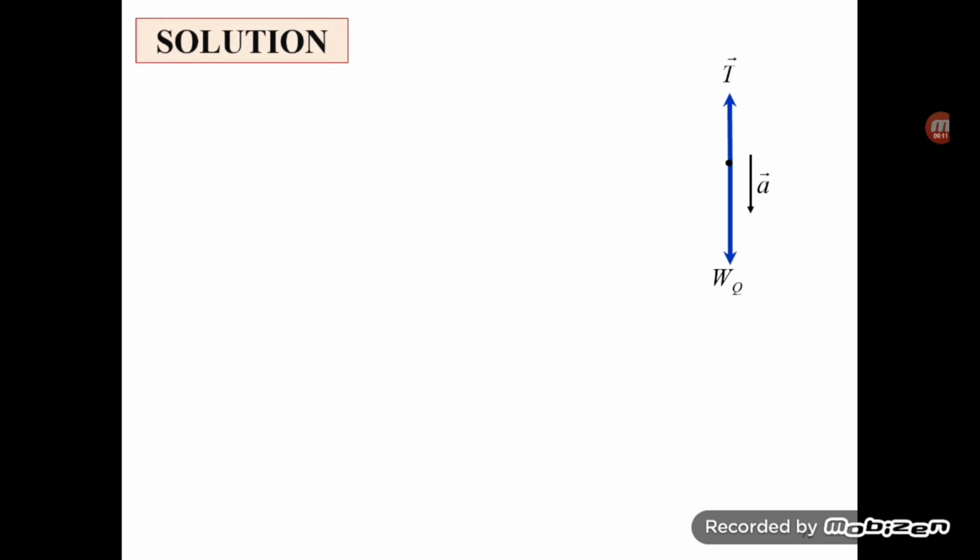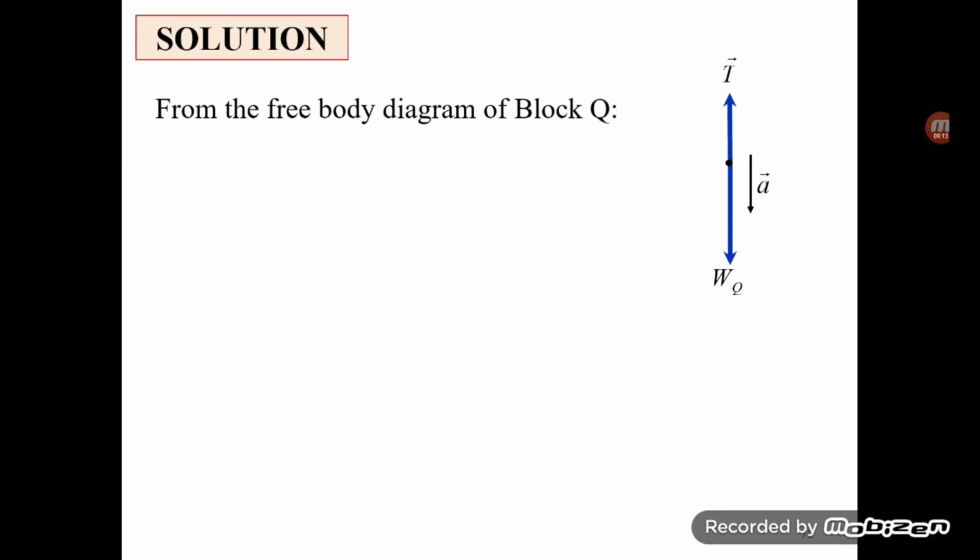Then we analyze the free body diagram of block Q. Block Q moves in the vertical direction, so summation of Fy equals ma. So we have W minus T equals ma.